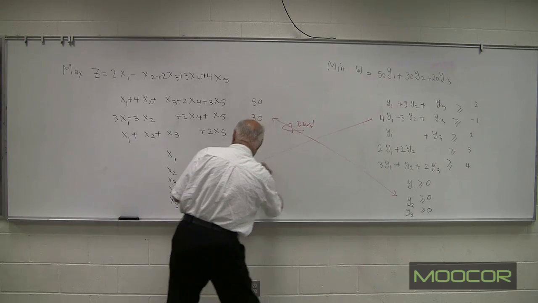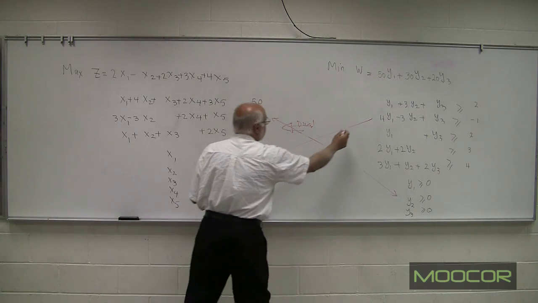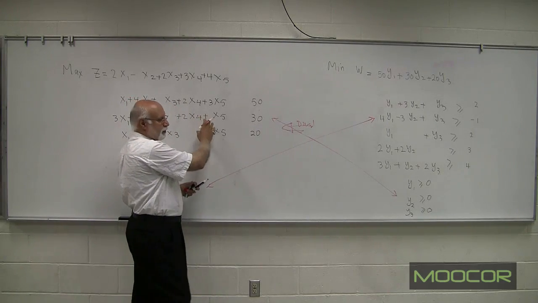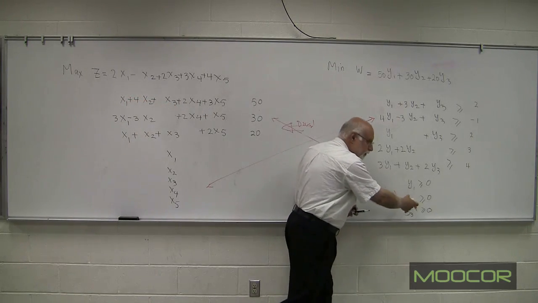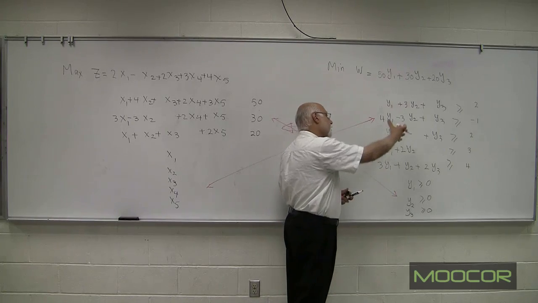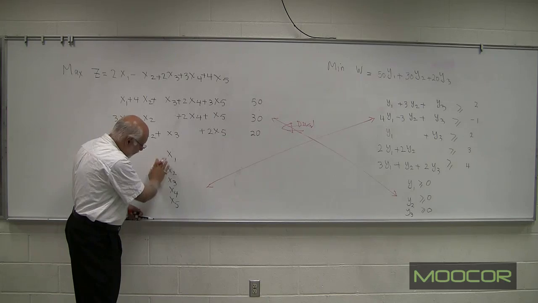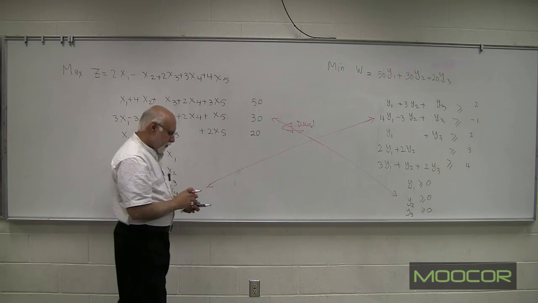The relationship in this format is that the signs of the constraints are related to the signs of the variables in the other problem, and the signs of the constraints in this problem are related to the signs of the variables in this problem.